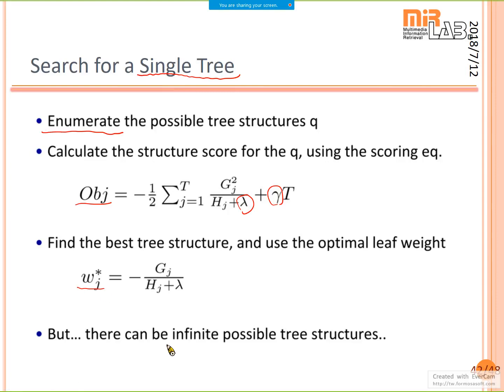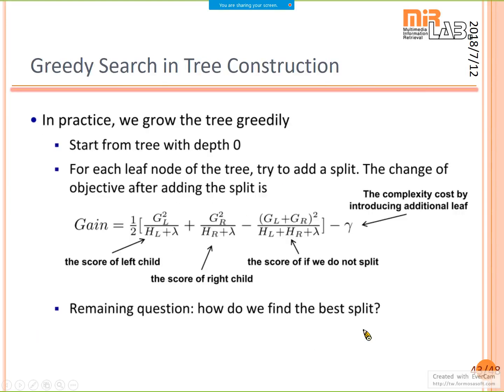But there are an infinite number of tree structures to optimize. So again, we are using the concept of tree induction, which is based on a greedy search. We can start from a tree with depth 0, and for each leaf node, we can find the best variable to split.